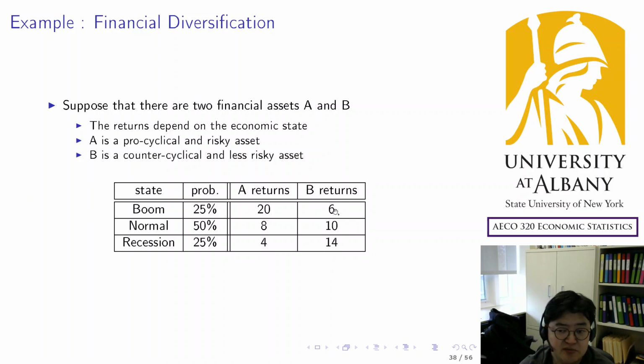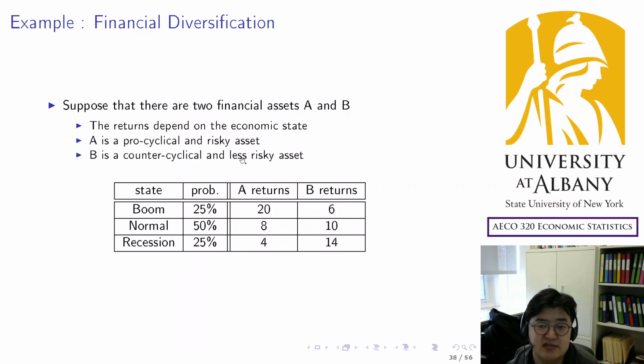So in boom, it does not do well, like only 6% return. Normal 10, recession 14. So B is countercyclical, right? When the economy goes up, B goes down. So it is a very special and strange asset.